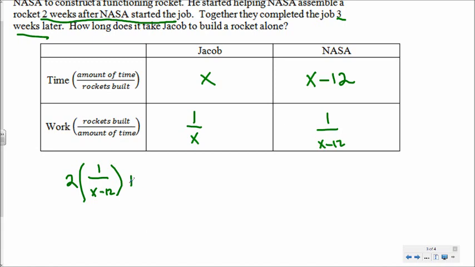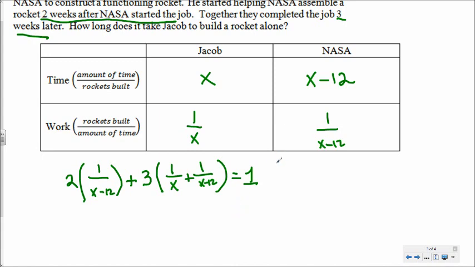Okay, so now to that, I'm going to add 3 additional weeks times the total amount of work done per week of their combined relationship. So Jacob and NASA working together would be this relationship. And what this will result in is 1 functioning rocket.